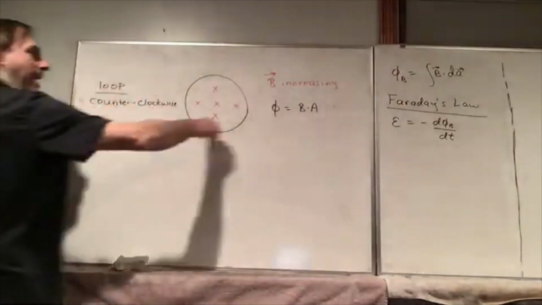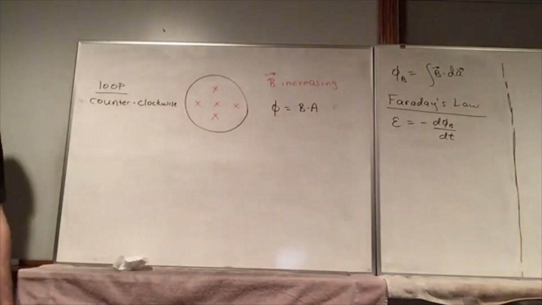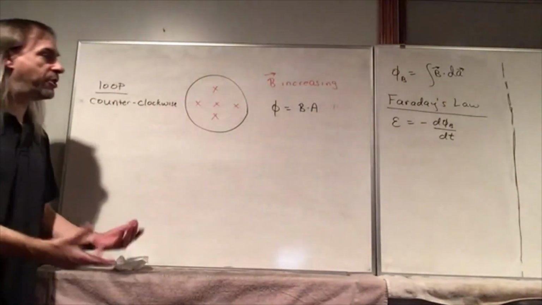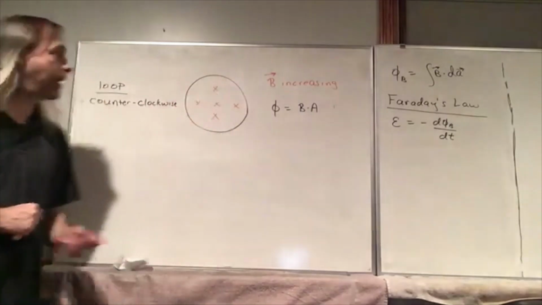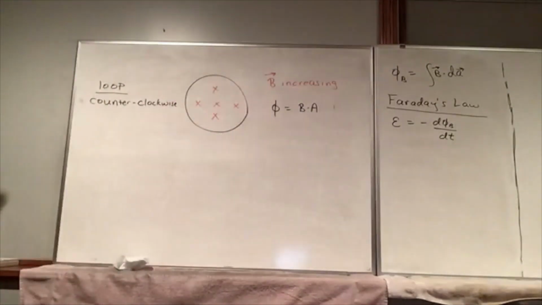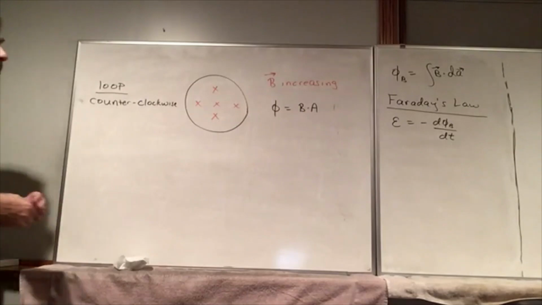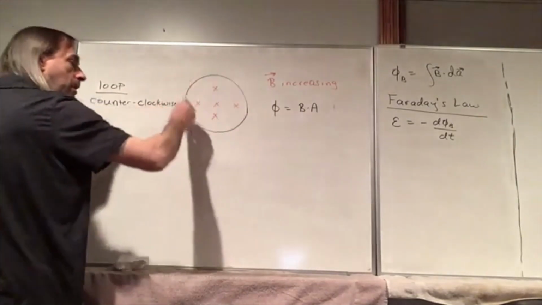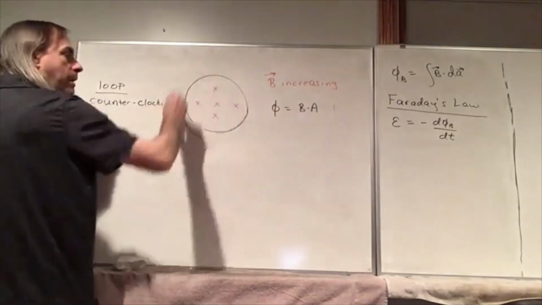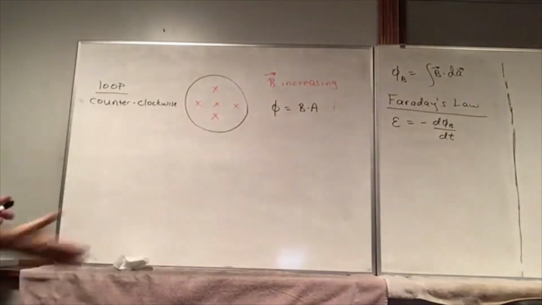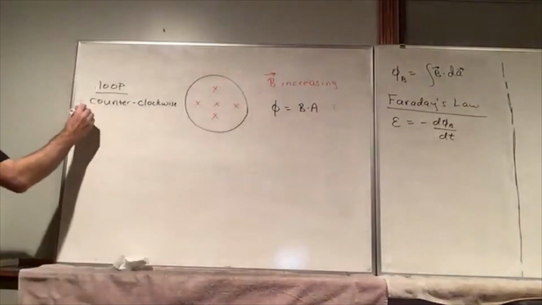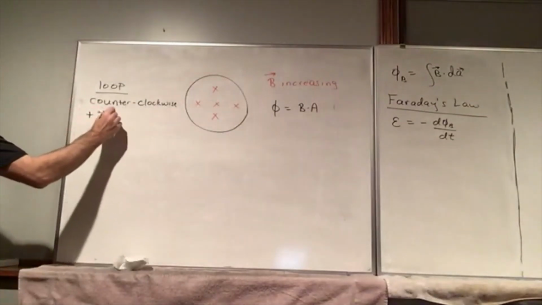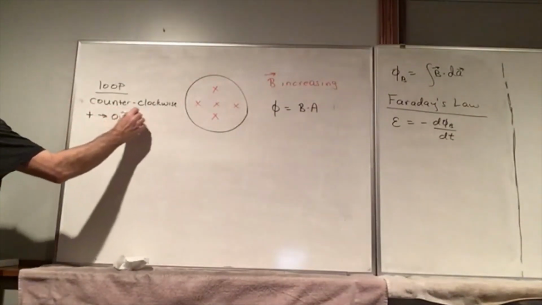I don't want to draw the current yet because we're also going to get a current and we want to know what direction that is. At this point, I don't know what direction. It could be clockwise or it could be counterclockwise. So we'll just write down that we're going to apply Faraday's law by going counterclockwise around this loop. And by going counterclockwise, our positive direction is then out of the board.